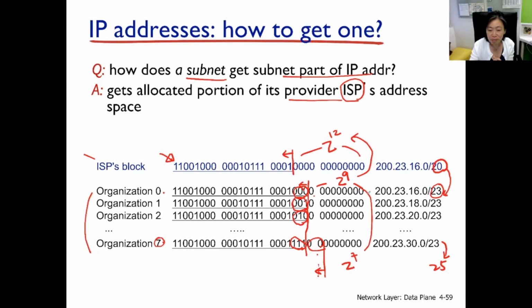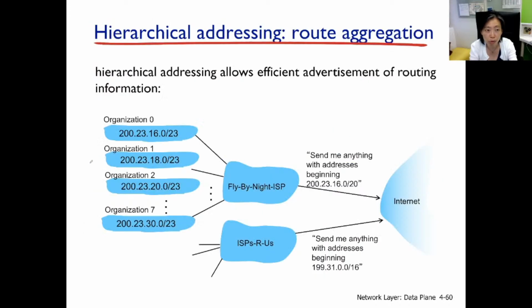So you see, by sliding the prefix to the right, we create a natural hierarchy in the IP address space, dividing it just like how human beings divide and organize a bigger society into smaller societies and even smaller societies. So this type of addressing, IP addressing, is also called hierarchical addressing.